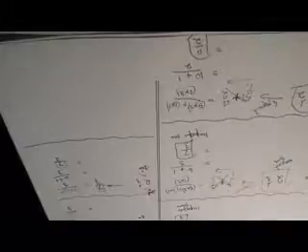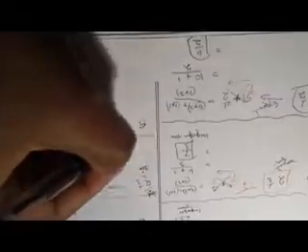Can we continue? Absolutely. What do we have next? We have in here 5 whole number 1 over 2. What do we get? 5 whole number 1 over 2. When we process this, we obtain 11 over 2.